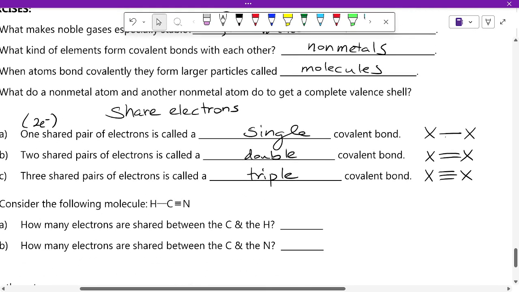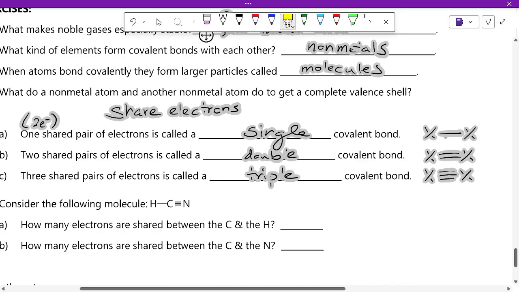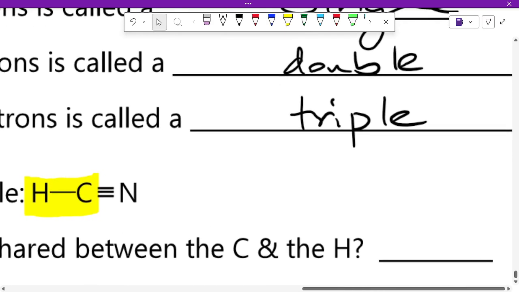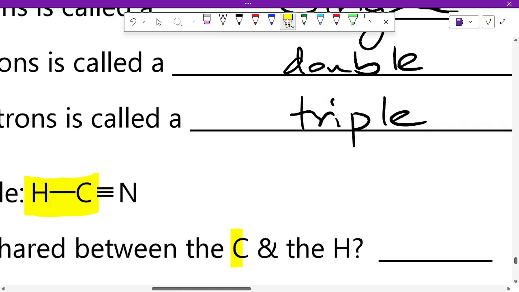Knowing that, how many electrons are shared between the H and the C according to that molecule diagram? Sorry, how many? Two, yes. I heard zero, and I was like, that couldn't possibly be what you said. You said two. Perfect.